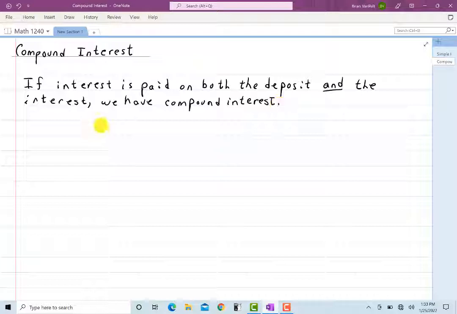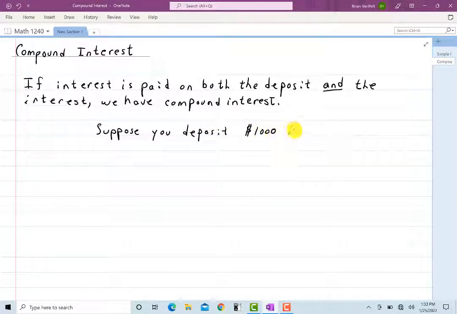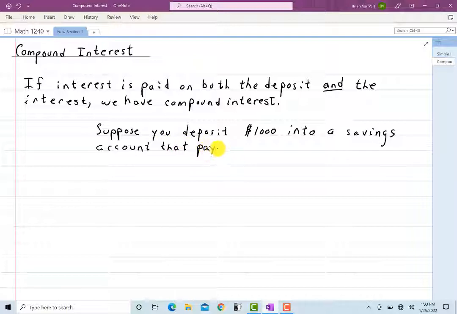Suppose you deposit $1,000 into a savings account that pays 12% APR.